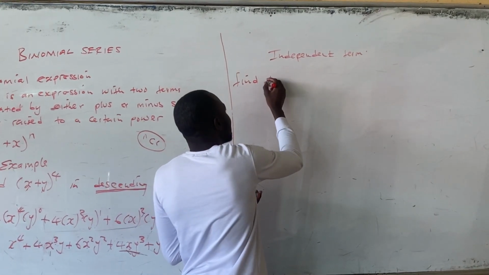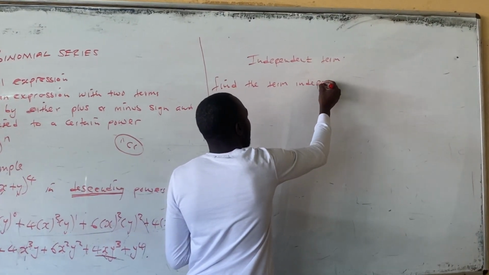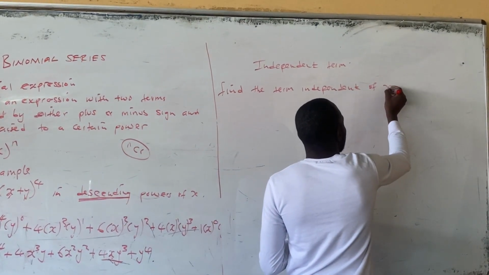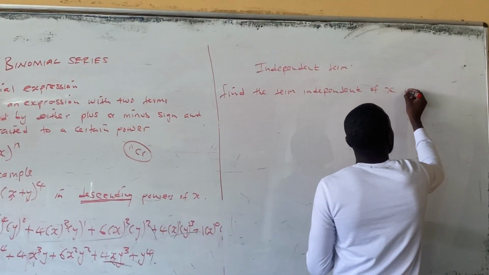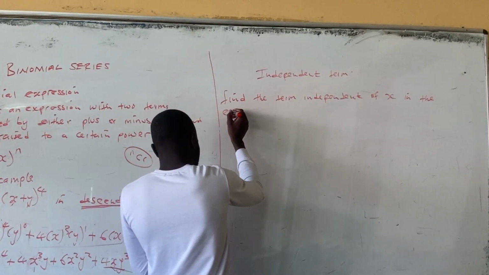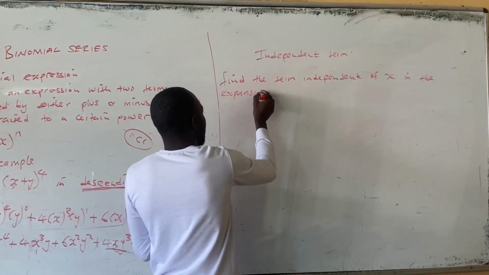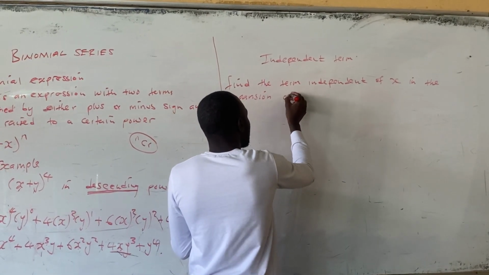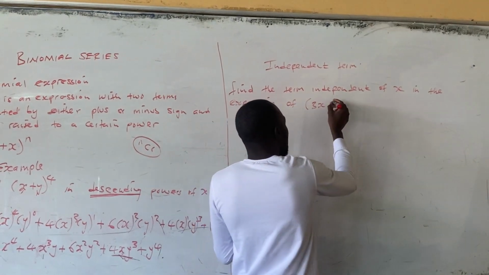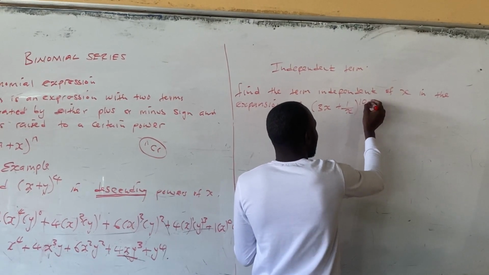Find the term independent of x in the expansion of 3x plus 1 over x raised to the power 10.